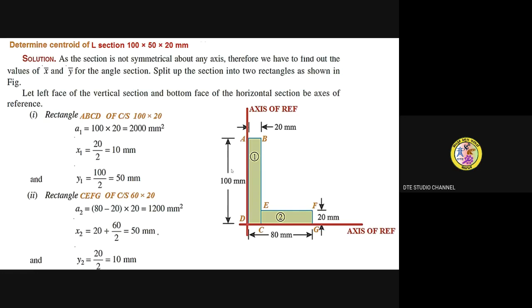Okay, so copy the problem. I am going to write this L section. These are the cross sections they have given: 100 into 50 into 20. The height is 100, the length is 50, and the thickness is 20, in millimeters. So 100 into 50 into 20 in millimeters.